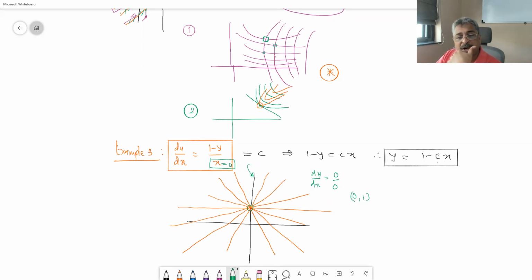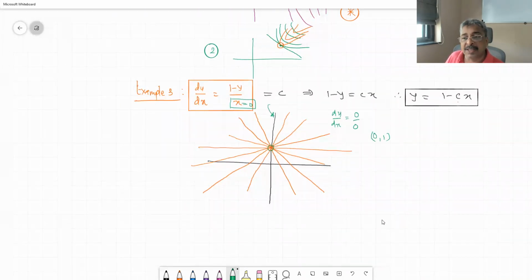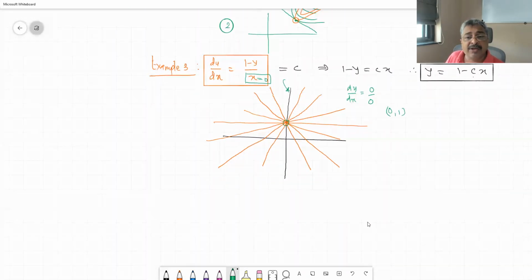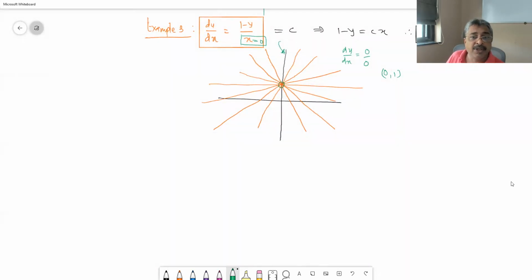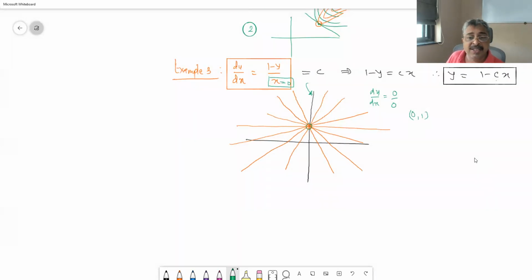Okay. So that is the special case which I wanted to demonstrate, and you will see that drawing these integral curves or this direction field will give you a fair idea about how the integral curve or solution of the differential equation is going to be. This is really useful in financial calculations. Also, you end up getting many differential equations which are not easy to solve.